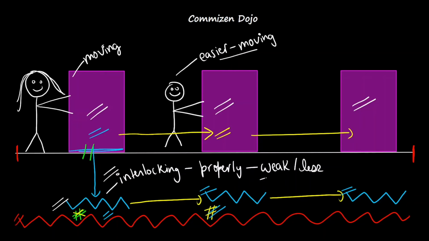But if the interlocking is already weak, wouldn't it be easier for you to move the box? Of course, it will be easier when the interlocking of irregularities is weak. So that's why, my friend, you found it easier to move the box when it was already moving.